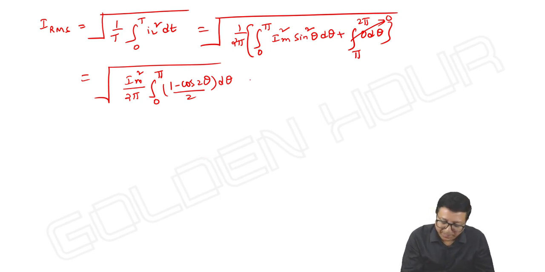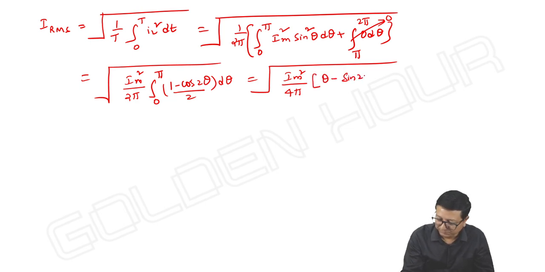And further Im square by 4 pi into theta minus sin 2 theta by 2 over the limits 0 to pi.